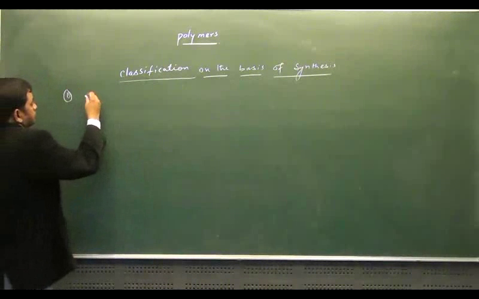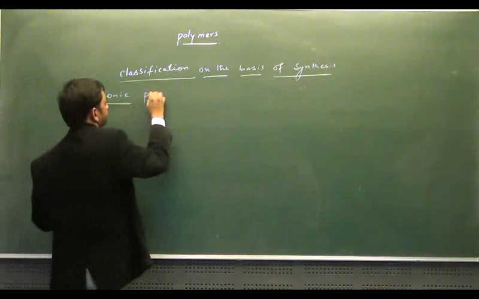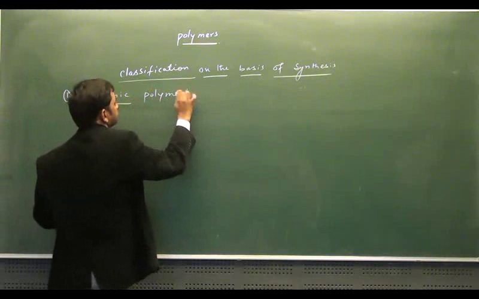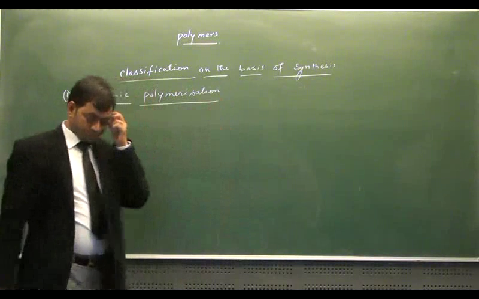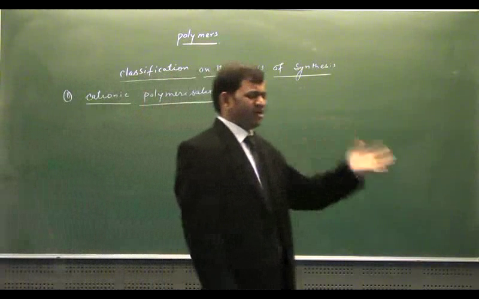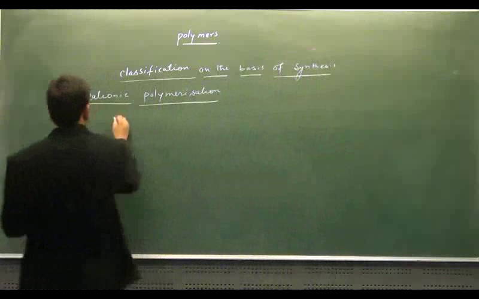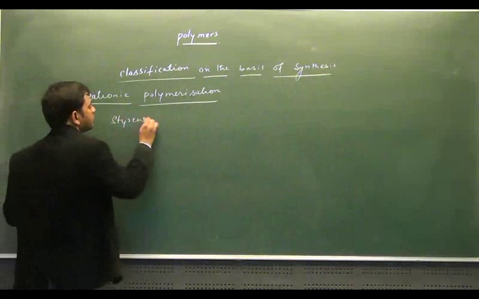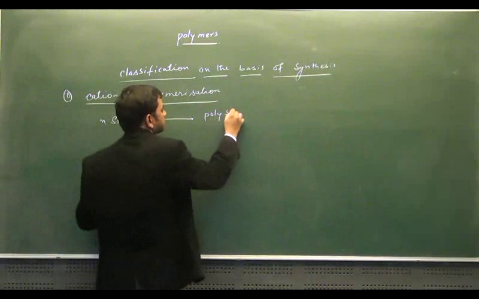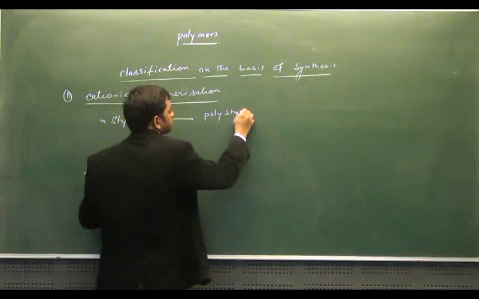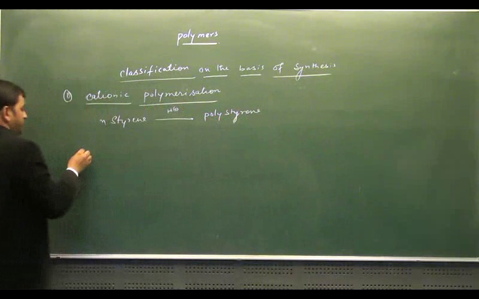B: cationic polymerization. In case of radical, finally we add some small amount of radical to stop the reaction. In case of cationic, again n molecules of styrene give polystyrene in the presence of a cation.